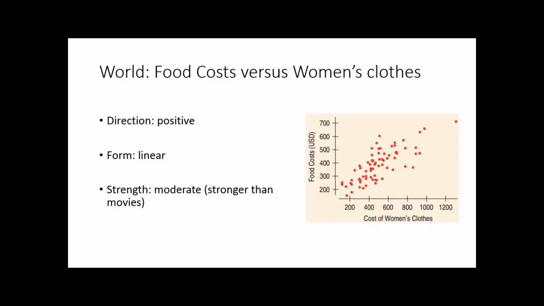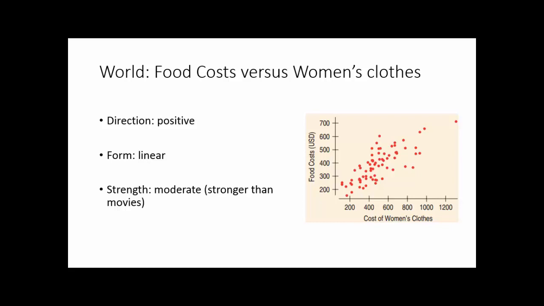What about outliers? Be careful. This guy right here, yes, is probably an outlier, but it fits the general pattern, right? It just happens to have a very high cost of women's clothes and a high food cost. We could investigate that one. It turns out that one actually is nothing interesting.